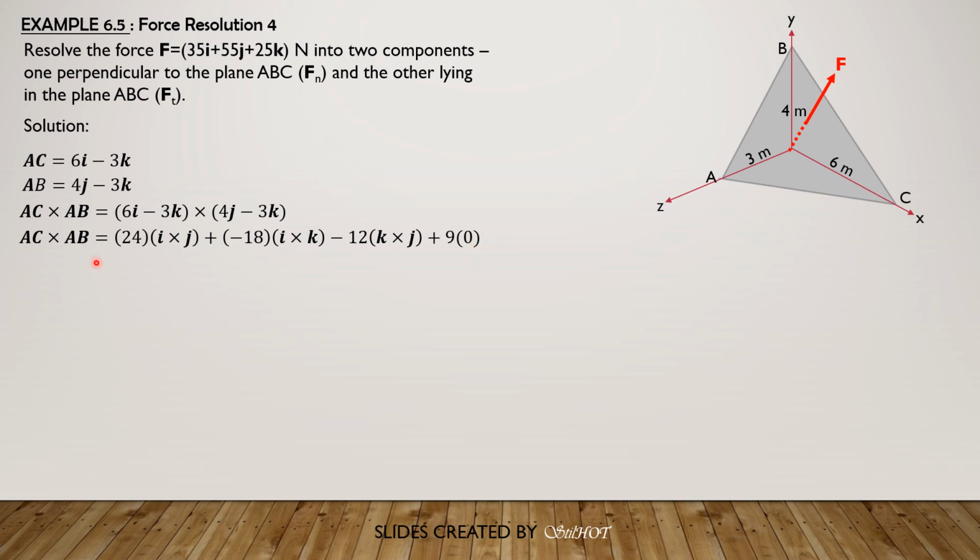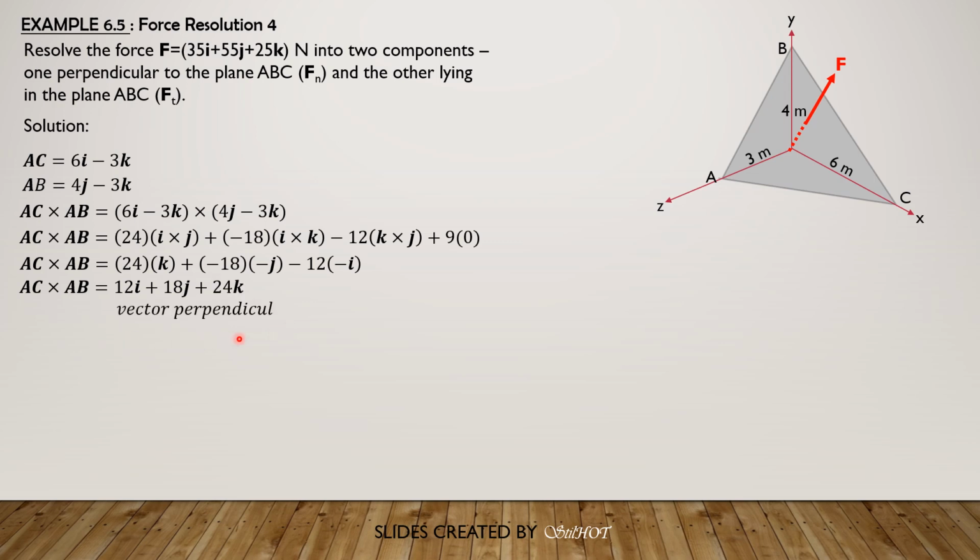So that's why it's 0 there. i cross j is equal to positive k. i cross k is negative j. k cross j is equal to negative i. So we have positive k, negative j, then negative i. Simplifying, AC cross AB is 12i plus 18j plus 24k.